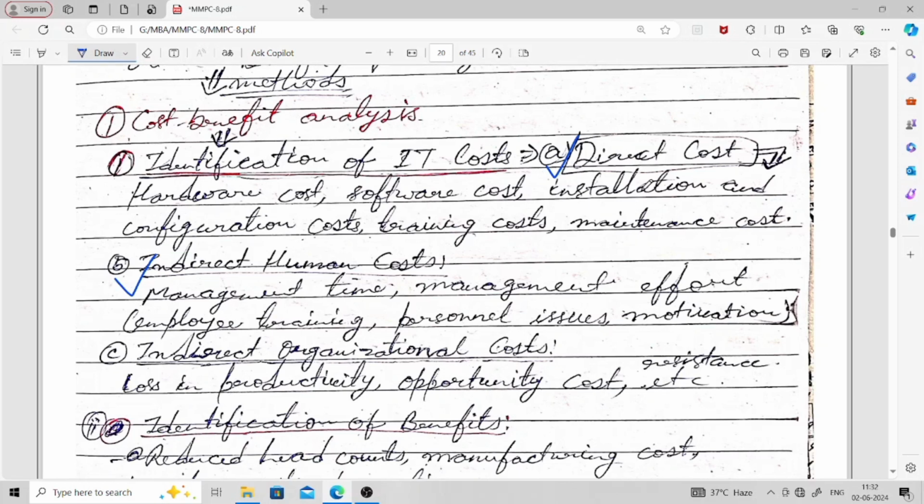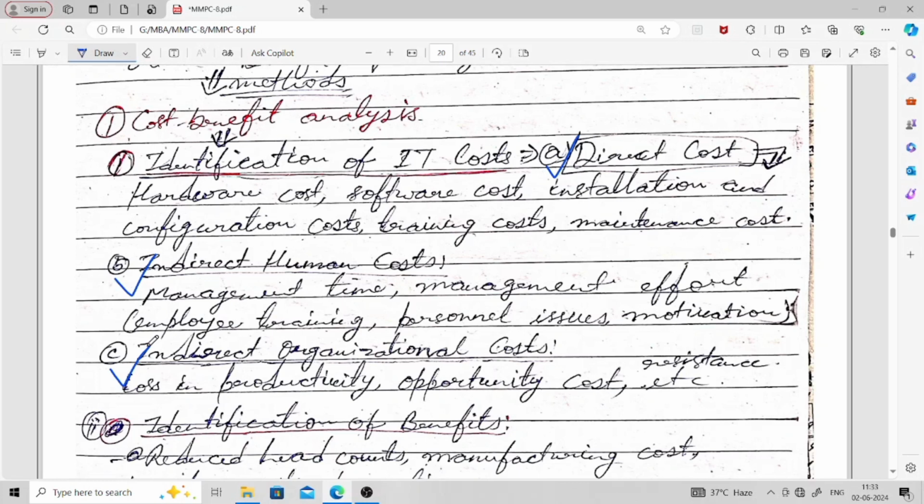So direct cost you got, indirect human cost you got. Then we have the third one, indirect organizational costs. Here, indirect organizational cost includes loss in productivity, opportunity cost, and resistance. These are different kinds of organizational costs, because when we try to implement some kind of information system in the organization, there is a loss in productivity, because sometimes you have to provide time for learning the new information system, and some kind of training will also be required.